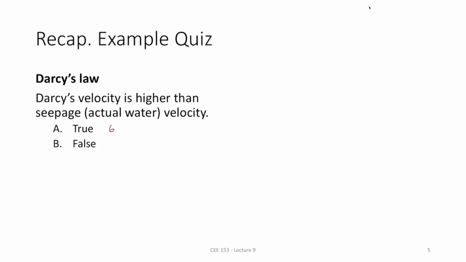63% says yes, it's true. And then 37% says this is false. So the statement was Darcy's velocity is higher than seepage velocity. If you know what Darcy's velocity is, that's Q over area, or K times dH over dL.